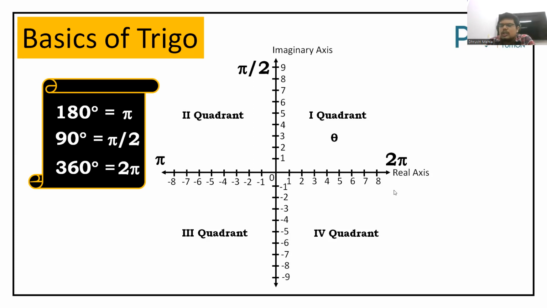Second quadrant में अगर होगा तो वो pi से थोड़ा छोटा होगा. It will be lesser than pi, so it will be pi minus theta. In third quadrant, it will be more than pi, so it will be pi plus theta. And in fourth quadrant, it will be lesser than 2 pi, lesser than 360, so 2 pi minus theta. This is how we represent angles in trigonometry.